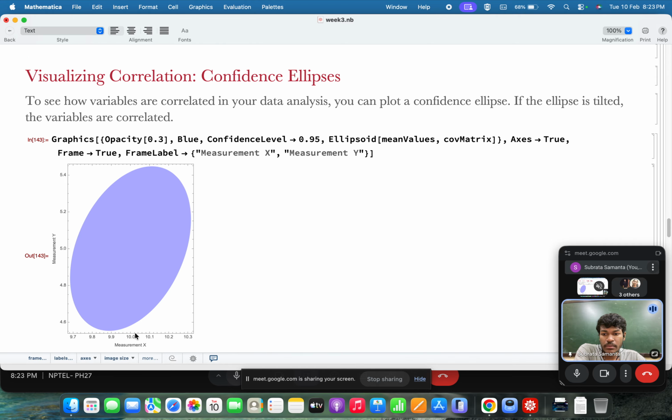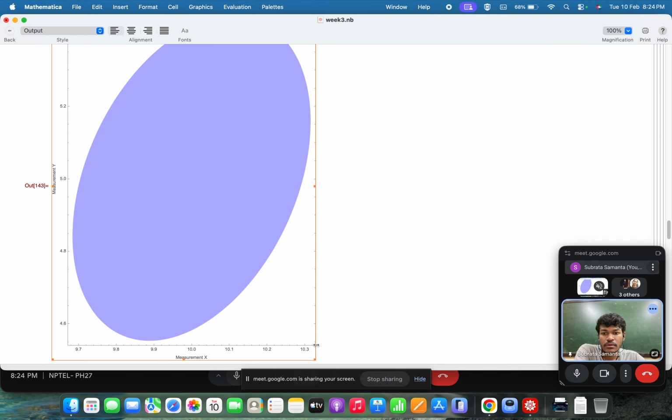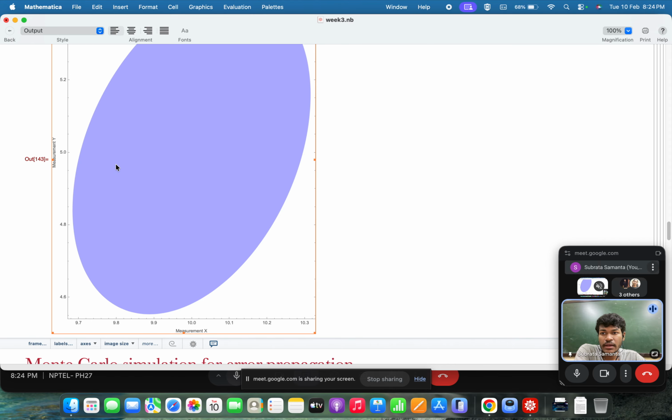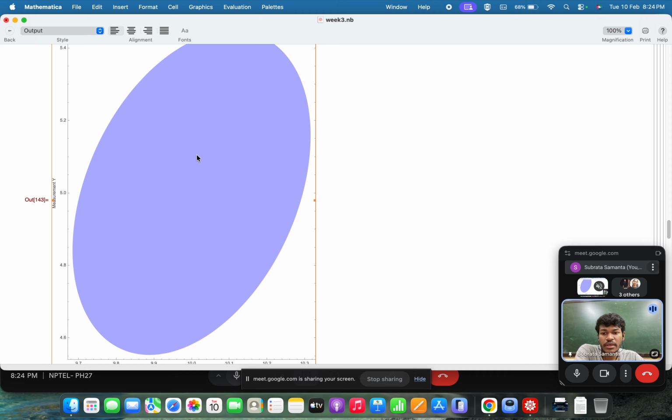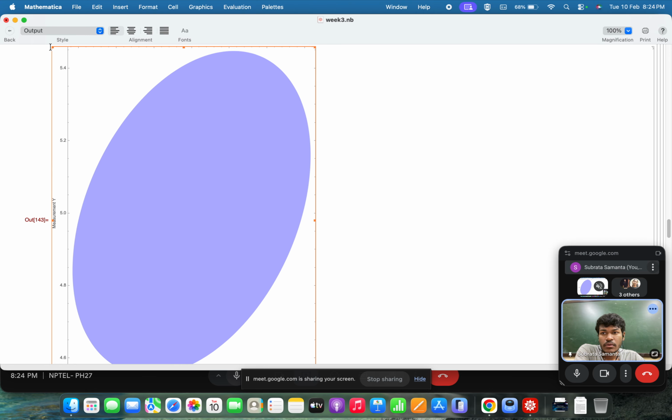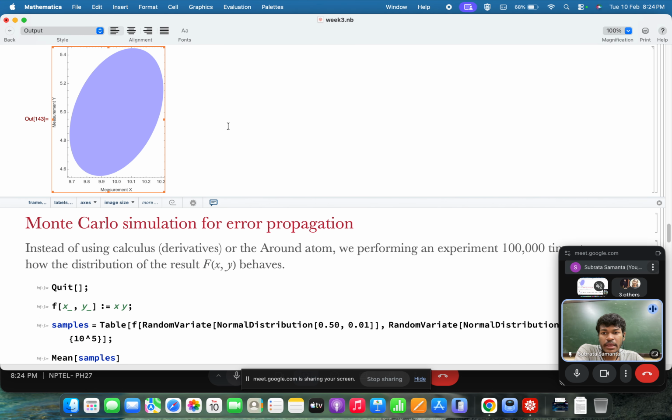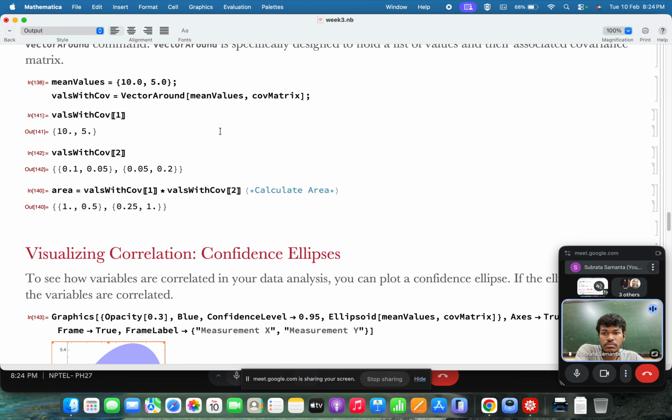Your mean, the measurement of x, this is your 10. You see the 10 here. Let us zoom this. This is your 10, and the measurement of y, this is 5. This is the mean, but we have an error. The errors are basically 1, 0.1, 0.05 and 0.2.